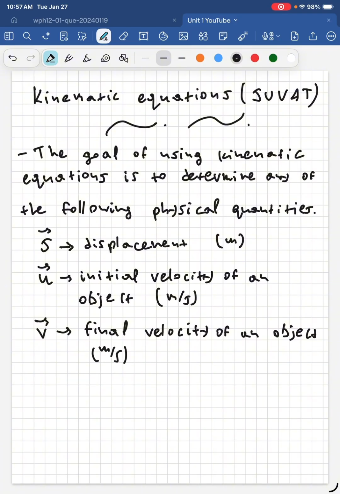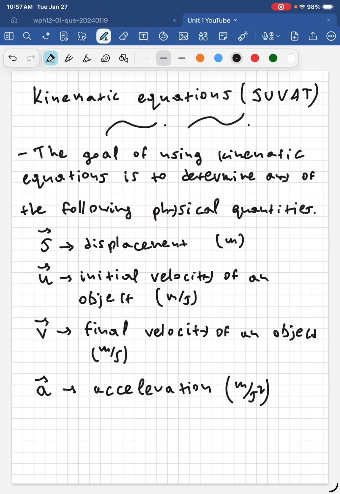The other quantity we're interested in is the acceleration, okay, A, which is also a vector quantity, so acceleration, meters per second squared. So the acceleration appears as a factor that tells you how much faster an object, or slower, because you can also have deceleration, okay?